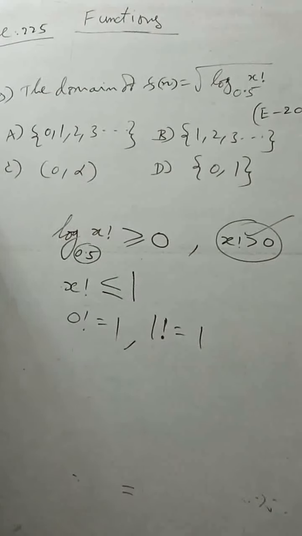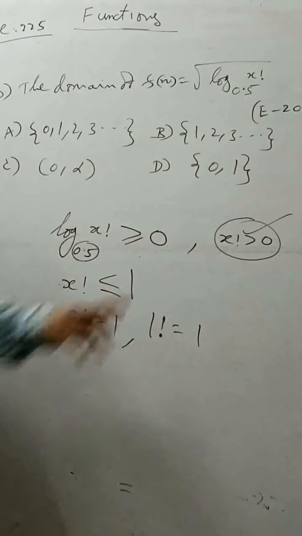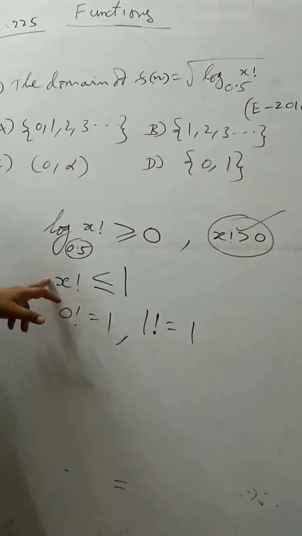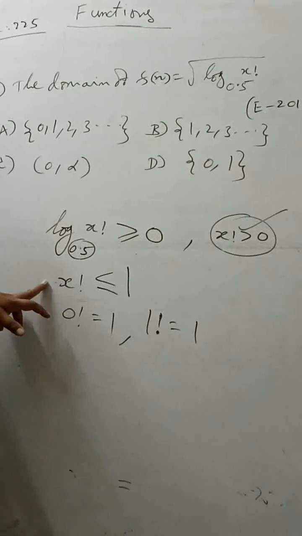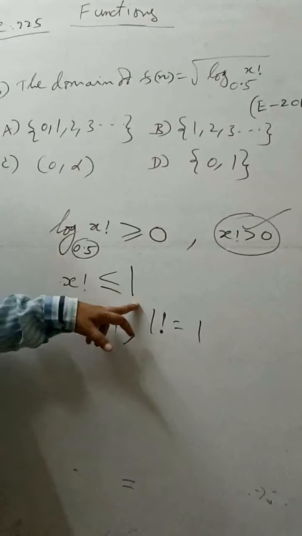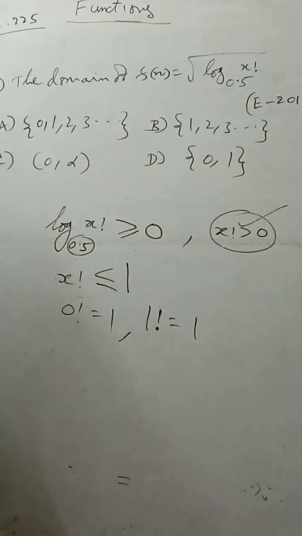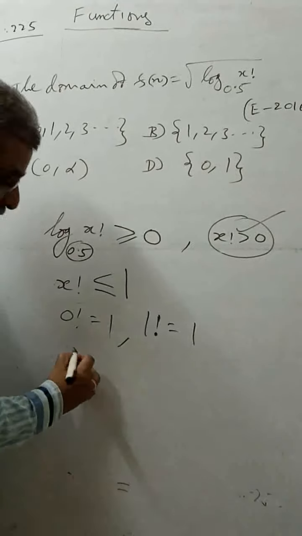No other factorial can be less than or equal to 1. Factorial is always an integer, so x factorial less than or equal to 1 means only it should be 1. So x values must be 0 or 1. So our option is D.